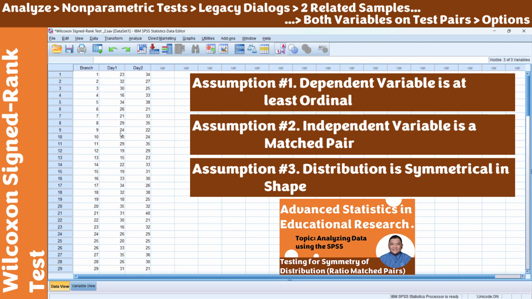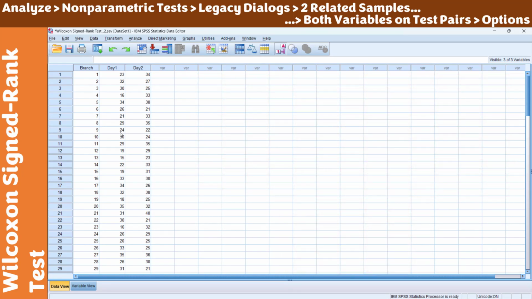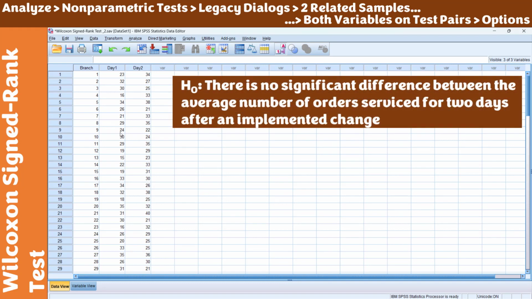And let us now use the Wilcoxon Signed-Rank Test to test for the difference between day 1 and day 2 number of orders serviced. Let us have this hypothesis before we proceed with our test. Our first hypothesis, our null hypothesis, the hypothesis of no difference, could be like this: there is no significant difference between the average number of orders serviced for 2 days after an implemented change.